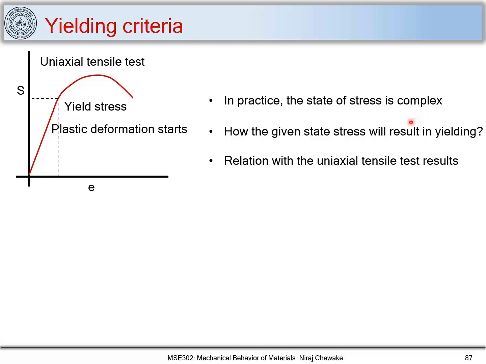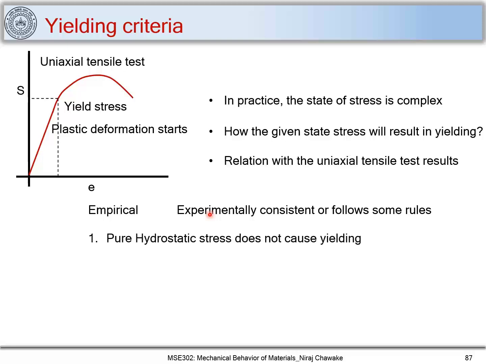So there are certain criteria which have been set, and those criteria are empirical. That means they are experimentally consistent and follow certain rules. These criteria determine when the material will start to deform plastically, or rather when material transits from an elastic deformation to a plastic deformation.